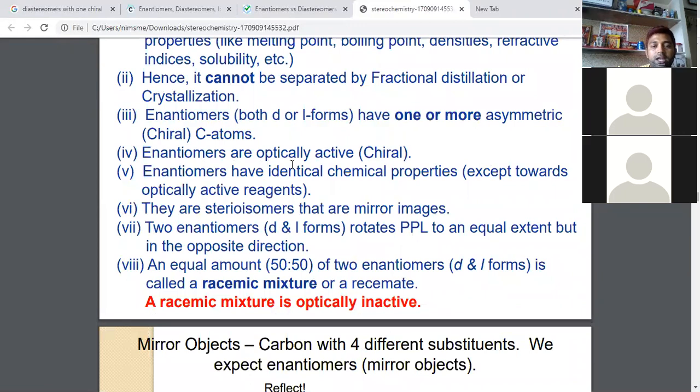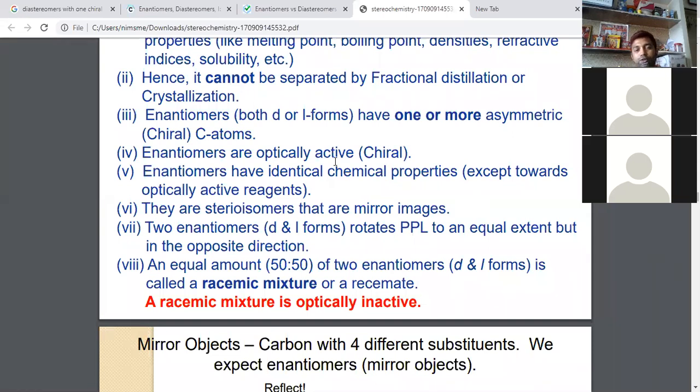Enantiomers are optically active. What do you mean by optically active? Robin, what do you mean by optically active? Chiral compound, sir. No. Optically active means they can rotate the plane polarized light, dextrorotatory or levorotatory, whether to the left side or right side.